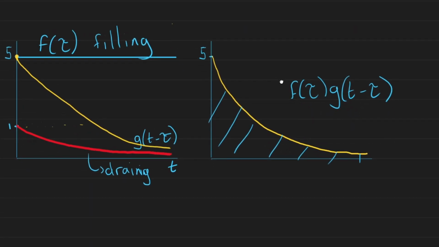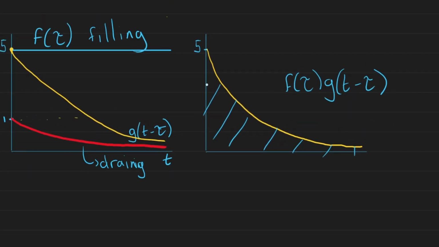That's why it's not enough just to take the product of these functions. We have to integrate this function between 0 and t, where t is some arbitrary time. And our integration variable is d tau. So this is convolution. This is why this convolution equation looks this way.